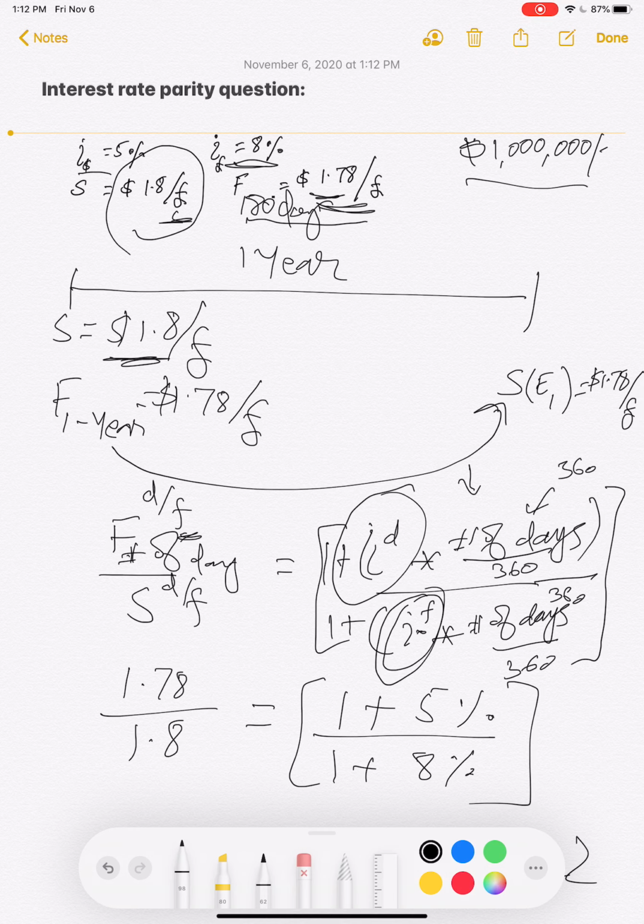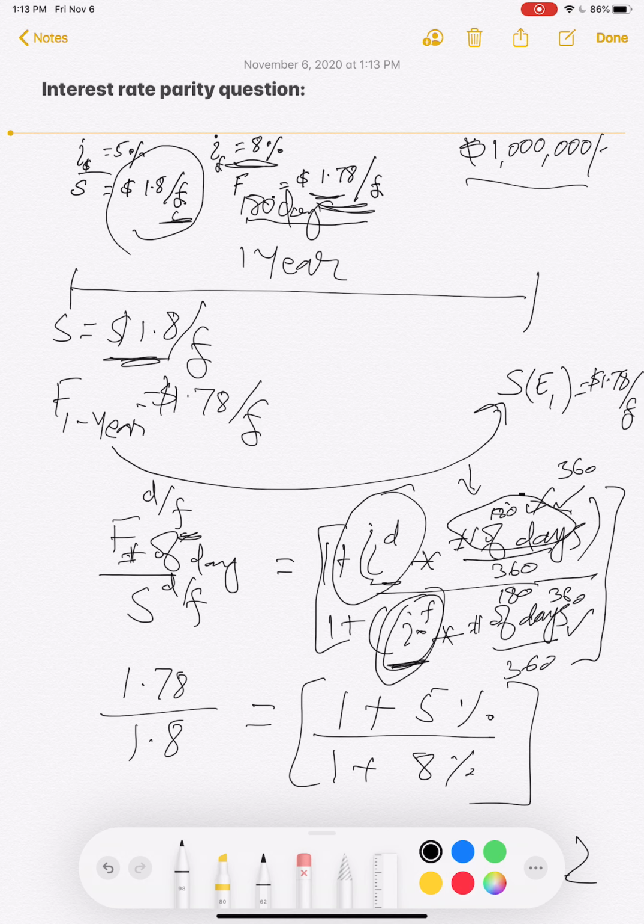You multiply by the number of days, so in the number of days you plug in 180 here and also here. 180 divided by 360 gives you 0.5, both here and here, and this 0.5 needs to be multiplied with the interest rate. So if the dollar interest rate is 5%, then 5% multiplied by 0.5 gives you 2.5%.